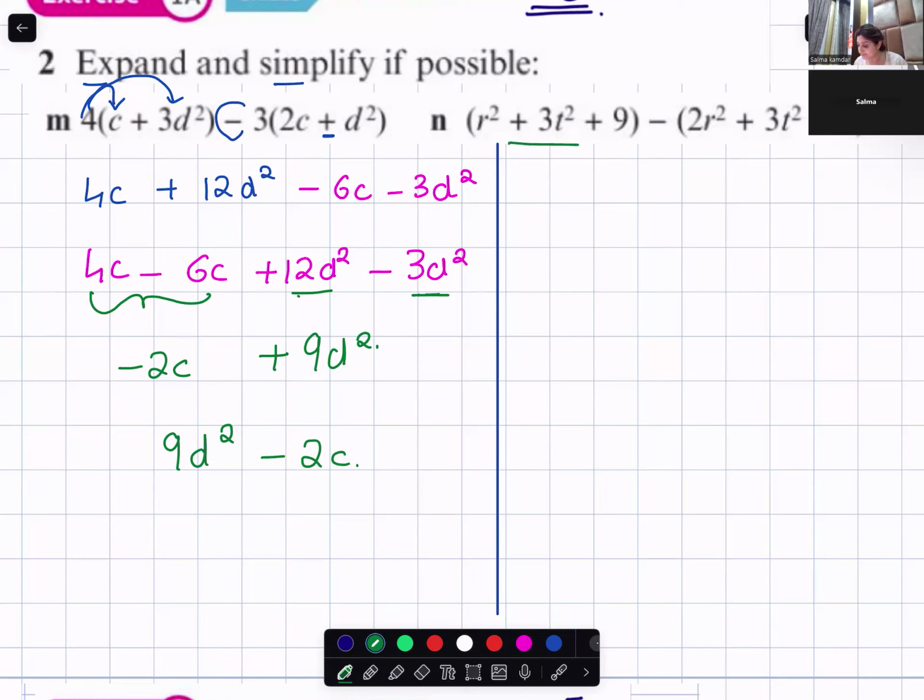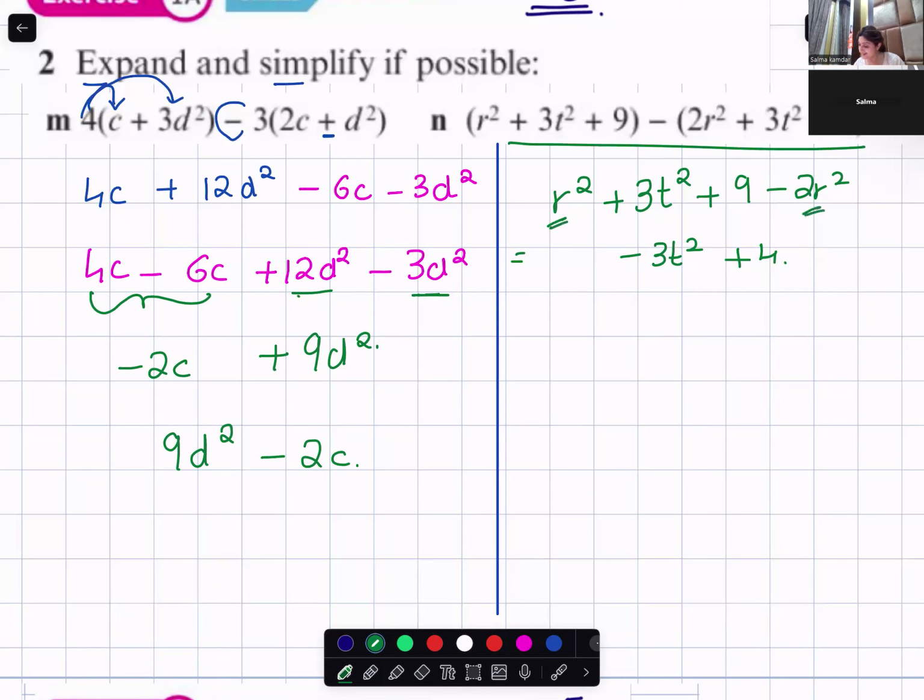Next one. I just have to open the brackets, but please make sure the minus sign is going to change the sign of the things inside. So it is definitely going to change the signs of the things. So it's r square plus 3t square plus 9 minus 2r square minus 3t square, minus would make it plus 4. So I will get the t square together and the r square together.